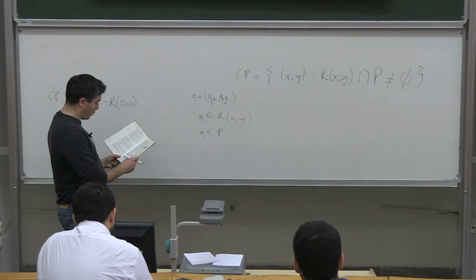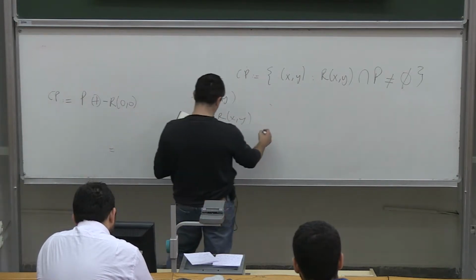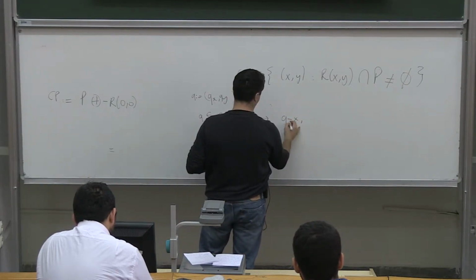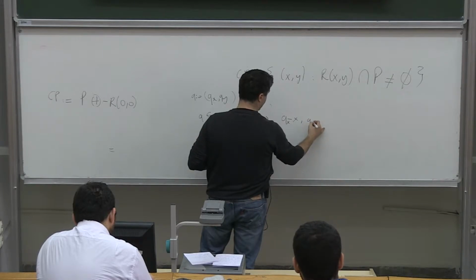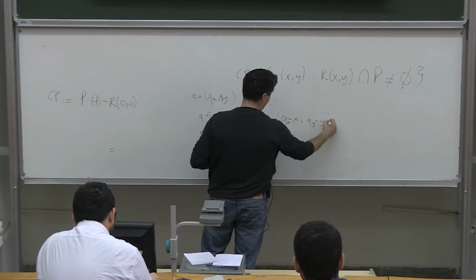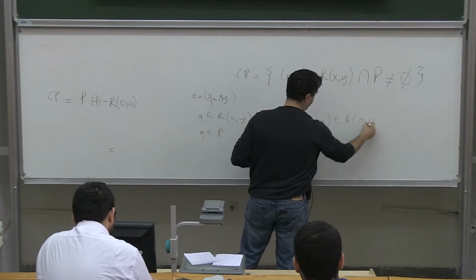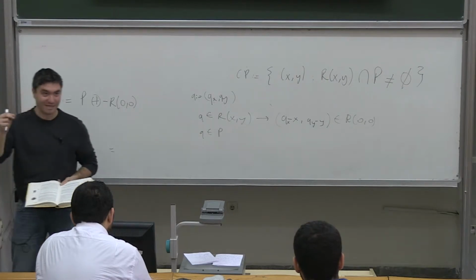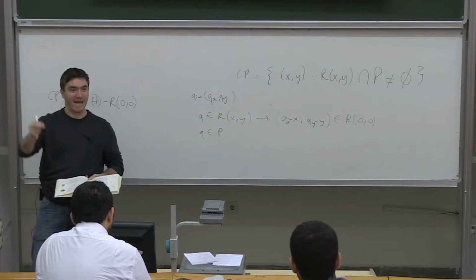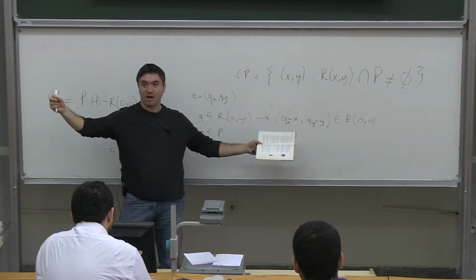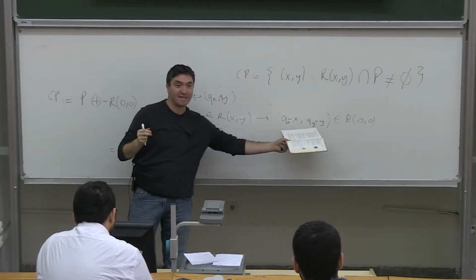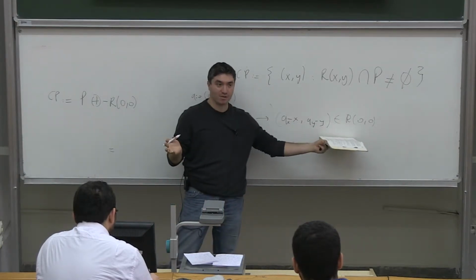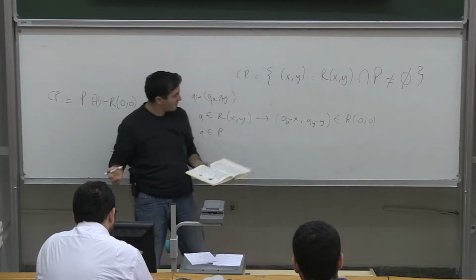If Q is an element of RXY, then QX minus X and QY minus Y should be an element of R00. If QXY is a point when you translate the robot by X and Y, then if you undo this translation by minus X and minus Y, this new point should be an element of the robot in its original configuration.